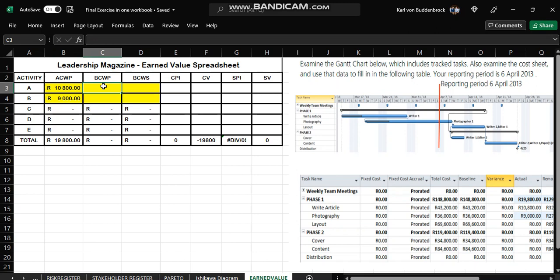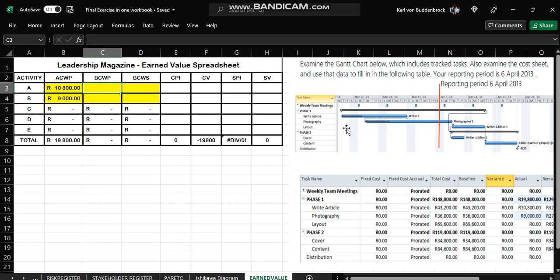Now in terms of the BCWP, which is in fact earned value, we have there the baseline cost of work performed. Okay, actual cost of work performed, baseline cost of work performed, baseline cost of work scheduled. So the baseline cost of work performed we would need to calculate, because the total cost is 43,200, meaning that each day would have been 3,600 Rand, and they've only worked for 3 days.